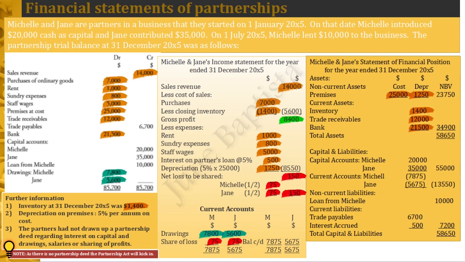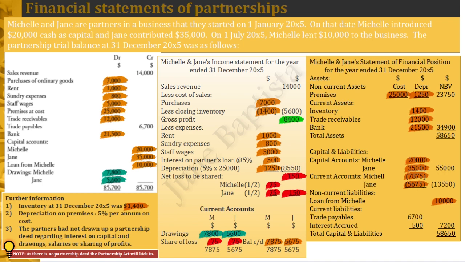Capital and liabilities. Capital accounts. Michelle $20,000, Jane $35,000. Current accounts. Michelle $7,875, Jane $5,675. They are both negative as they are debit balances as per the current accounts we have just drawn up. Non-current liabilities, loan from Michelle $10,000.